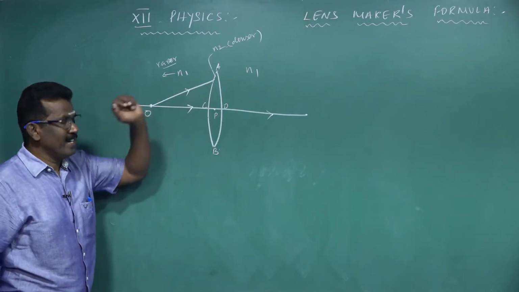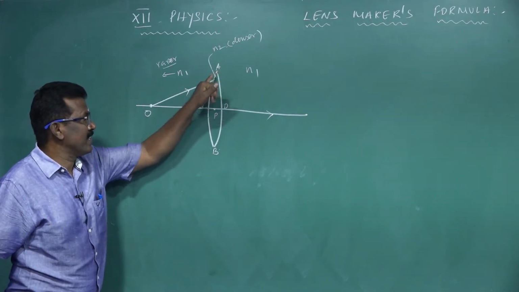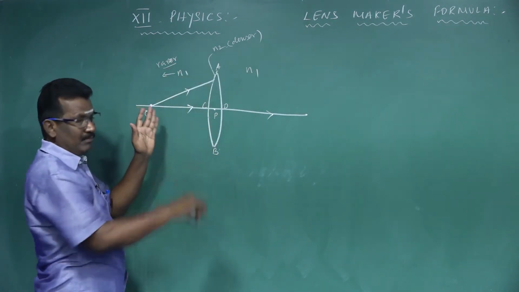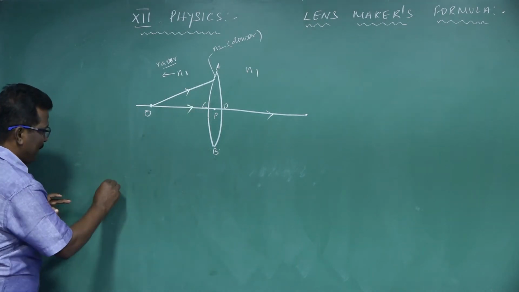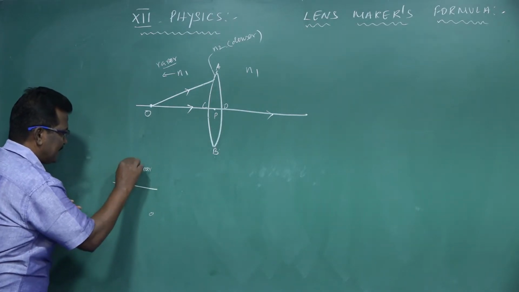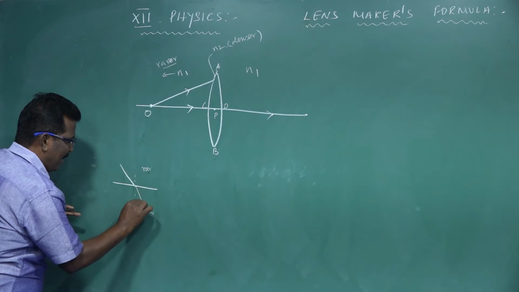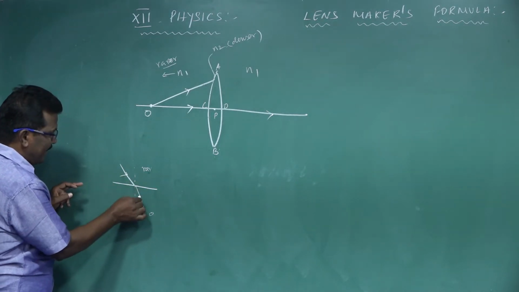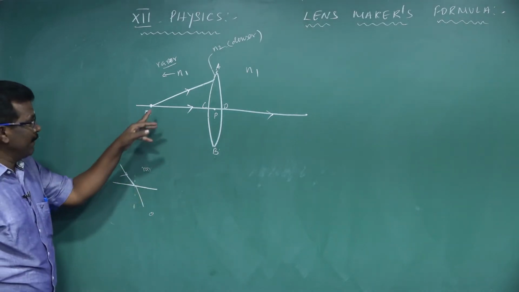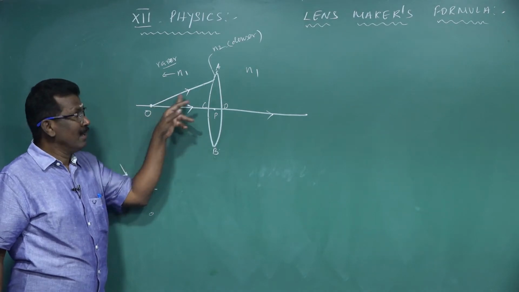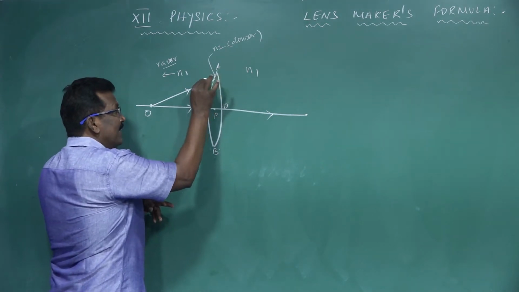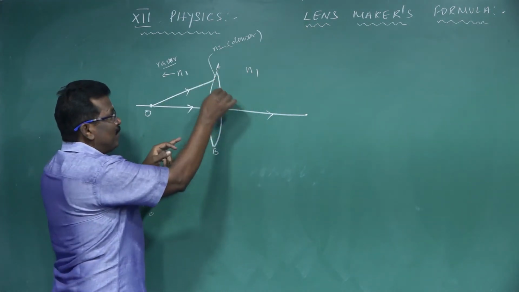After incidence on the spherical surface ACB, what happens? Light is coming from a rarer medium to a denser medium, so after incidence it deviates towards the normal. That means this is the incident ray, and it is refracted towards the normal.